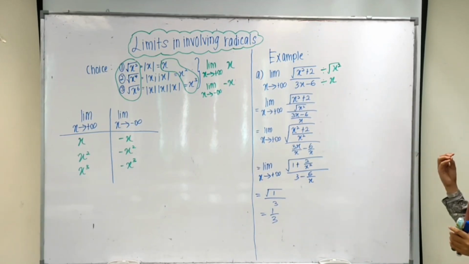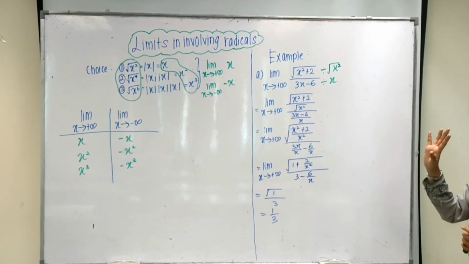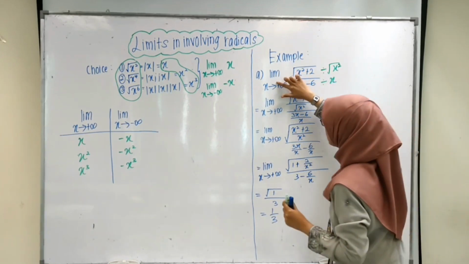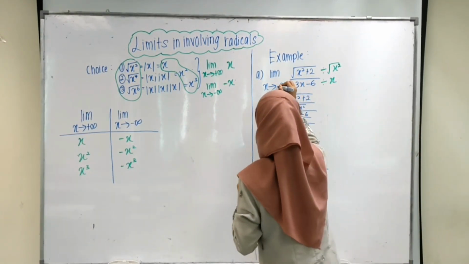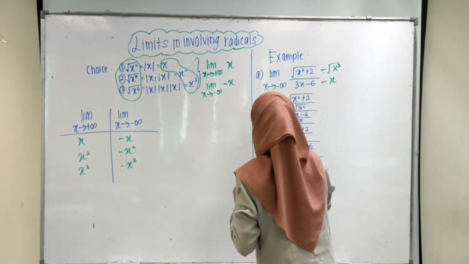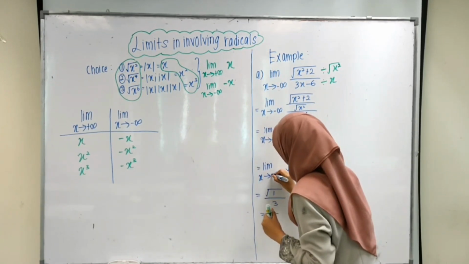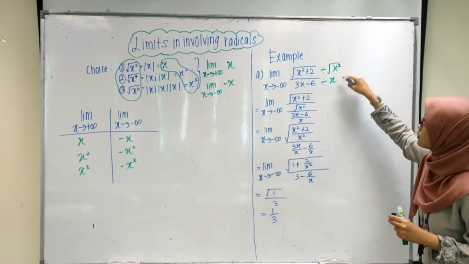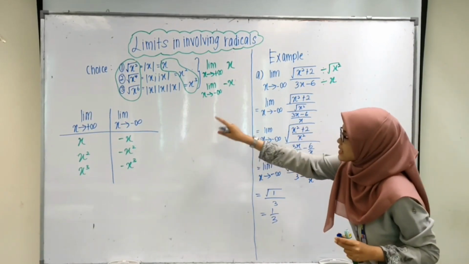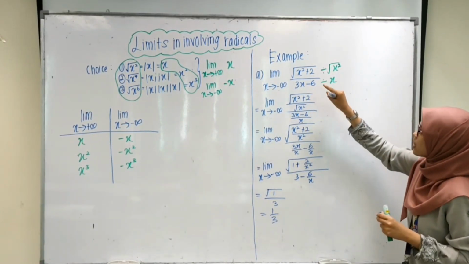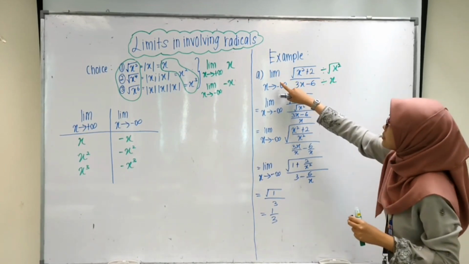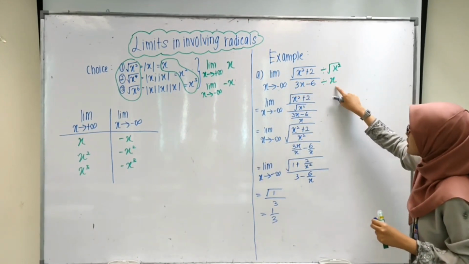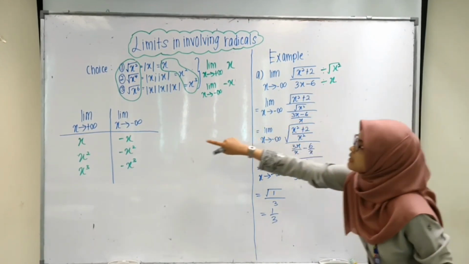Okay, now the question with negative infinity here. We will divide, and this will change. Like I just explained, when the limit approaches negative infinity, this will change, which will use negative x.